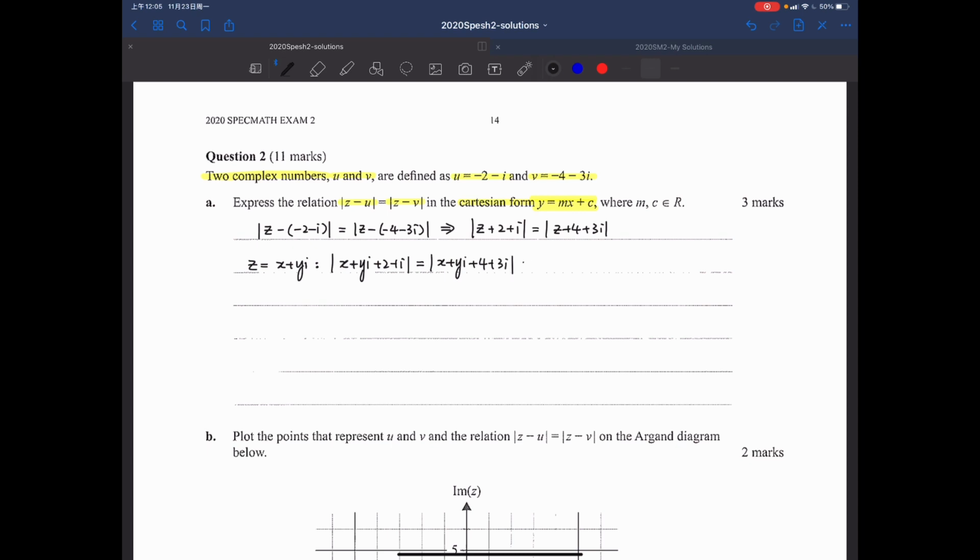Now you can group them together like this: (x plus 2) plus (y plus 1) times i equal to (x plus 4) plus (y plus 3)i. Then you can just square this one plus square this one, not including i, as well as this one squared plus this one squared without i.